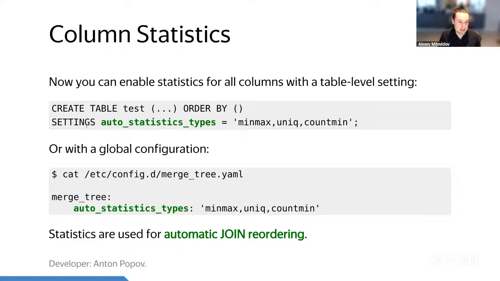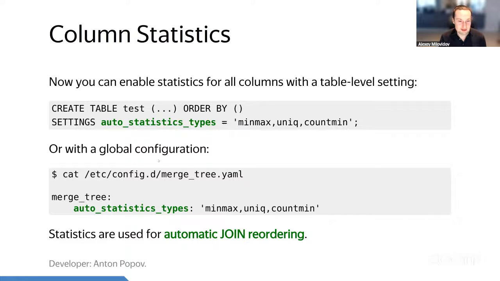In the create table settings, auto statistics types, you specify which types of statistics you want to create. If you want everything that we have, you will specify min max, unique, and count min. Probably we will add more statistics in the future, but now we have these 3 types.